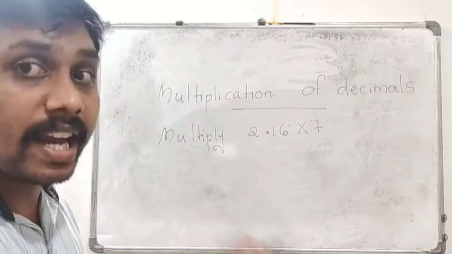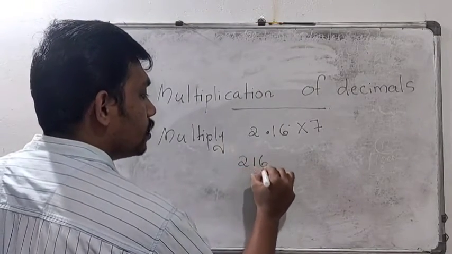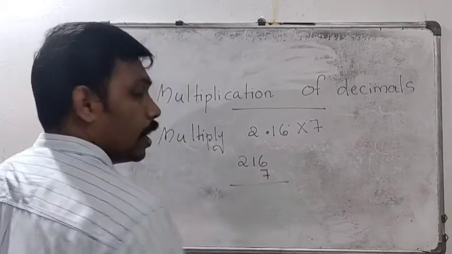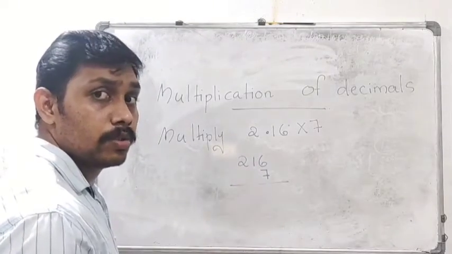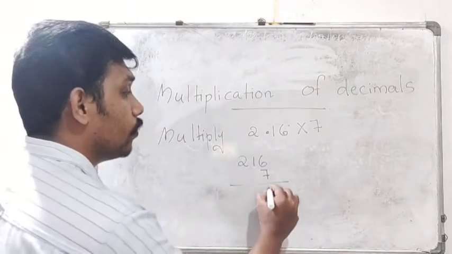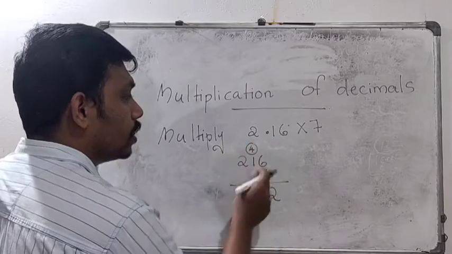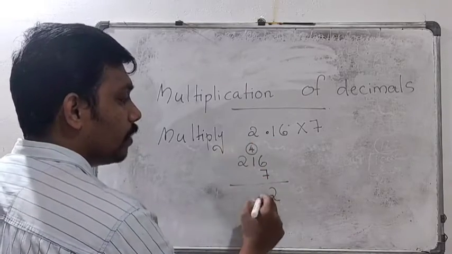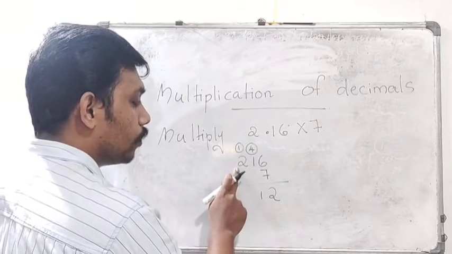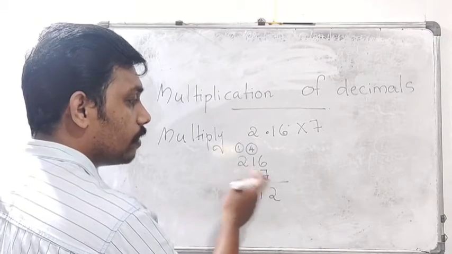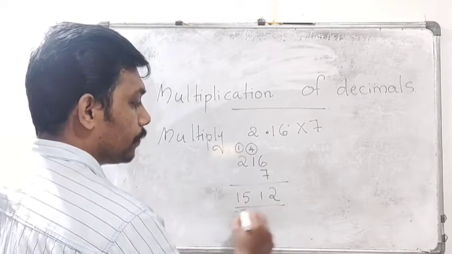Just multiply and get the product. 216 into 7. 7 sixes are 42, write 2 and the carry is 4. 7 ones are 7, 7 plus 4 is 11, write 1 and again we have a carry. 7 twos are 14, plus 1 is 15. So this is the product.